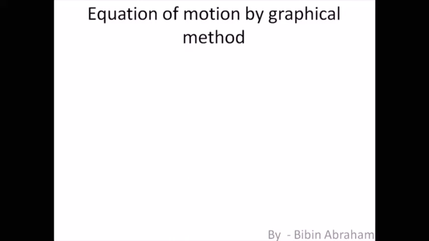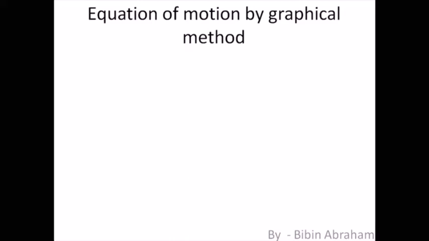So what exactly are these equations of motion? Let me give you an example. There are certain equations which can tell you your initial velocity, your final velocity, your acceleration of your motion, how much time you will take, and how much distance you will cover, right? But for this, there are certain rules.